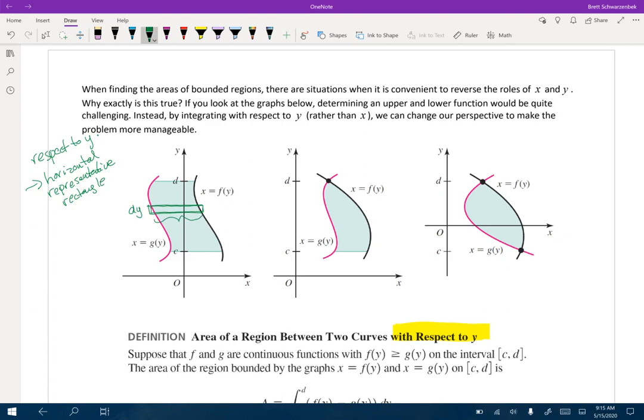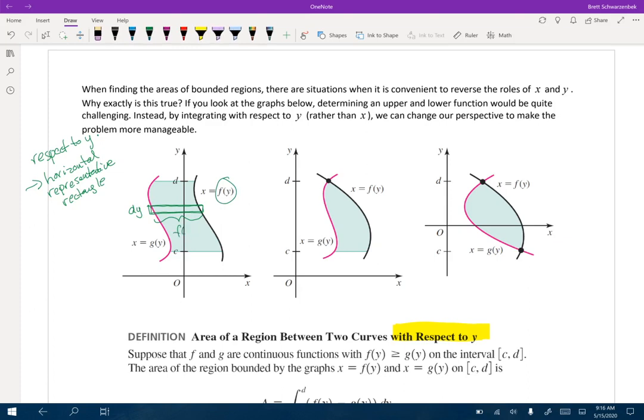We can no longer do upper minus lower, but we know on a graph that higher values are up and lower values are low. Well, what about on a graph this way? Which values are higher and which are lower in the x direction? Well, values on the right side are higher than values on the left. So essentially, this would be f of y.